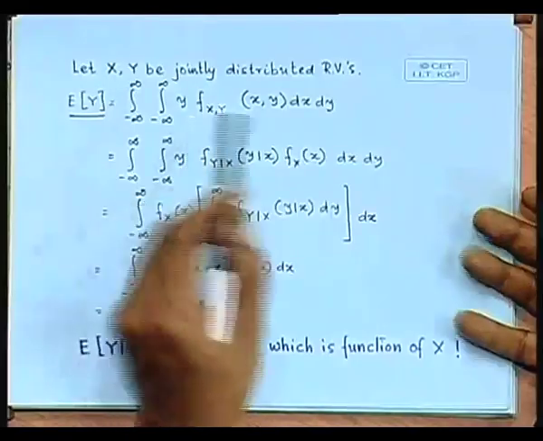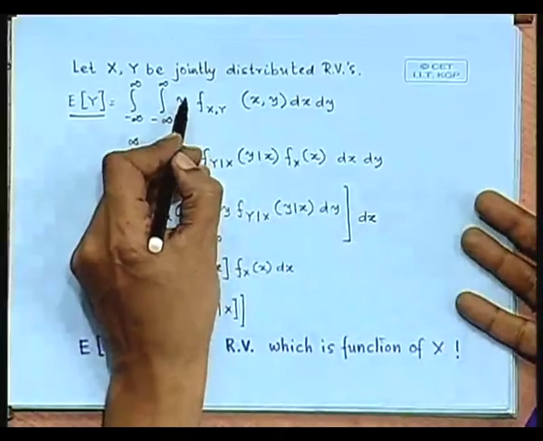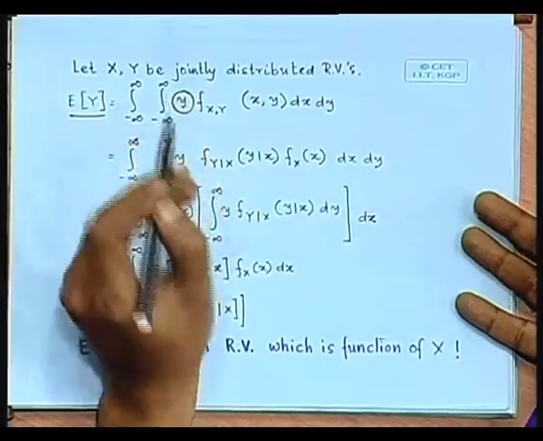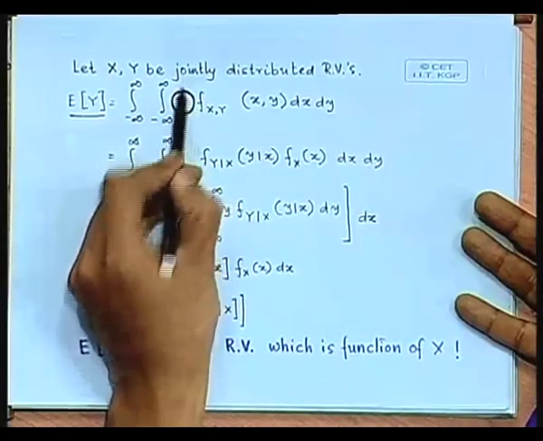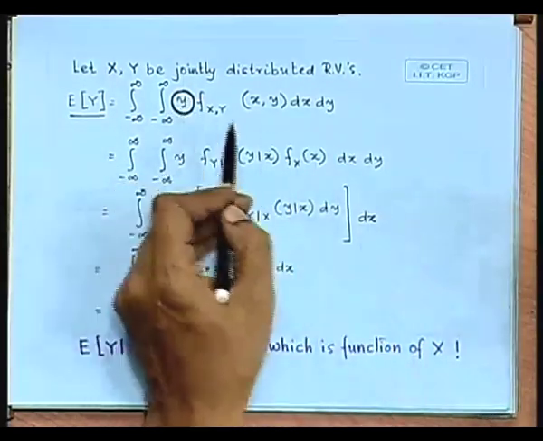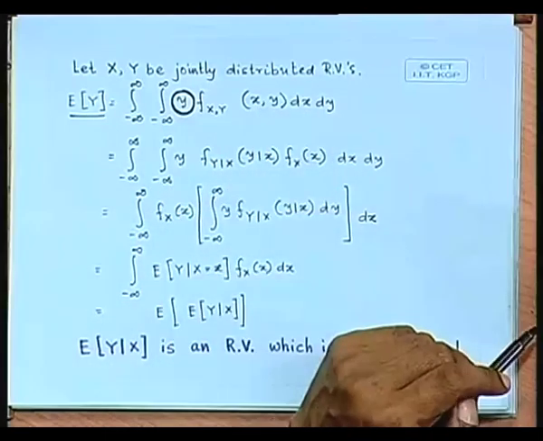In doing this you have to consider the whole range of x and y, right. So, you are given the joint density function. What is the probability that if you perform an experiment, you will get y? That will be obviously fxy xy dx dy.